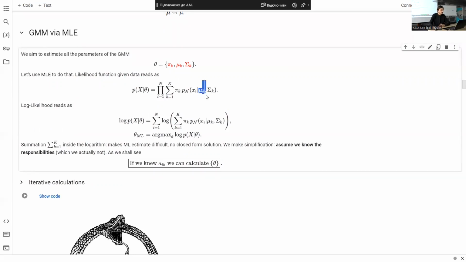Device number 1 has mu1 and sigma1, device number 2 has mu2 and sigma2, and so on. And when I have chosen the device, I'm generating a point with that exact distribution. This sum is basically what? This is my mixture, yes? I'm mixing the distributions of all devices.